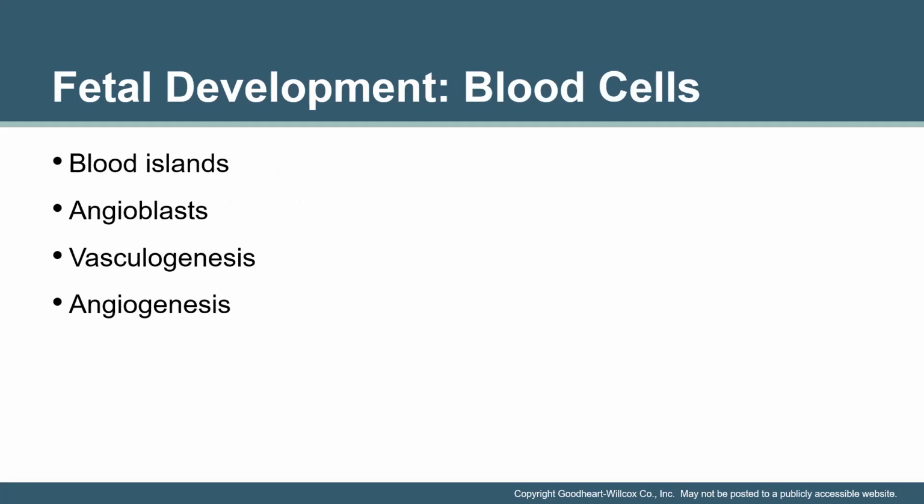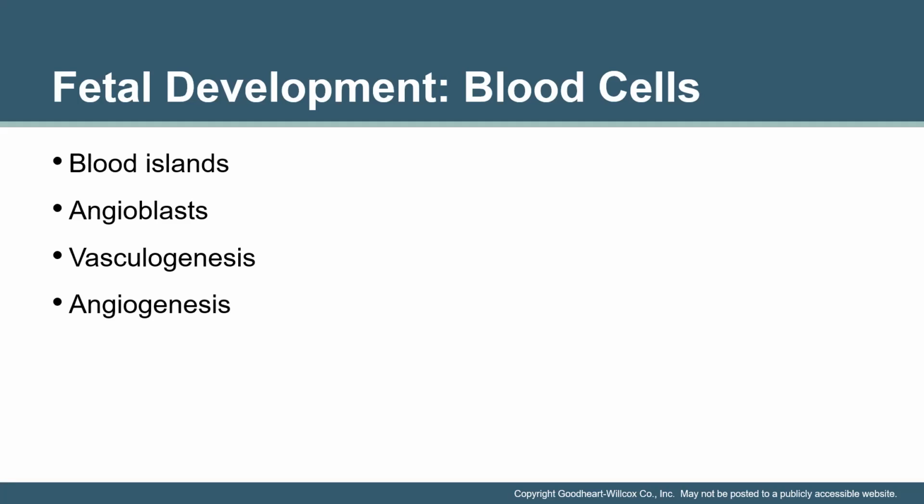So the blood cells then will begin to develop from what's called a blood island, beginning at week 3, or 15 days after fertilization. Blood vessels begin to form about 2 days later. The blood islands contain what's called an angioblast that form endothelial cells, which will line the inside of every vessel.